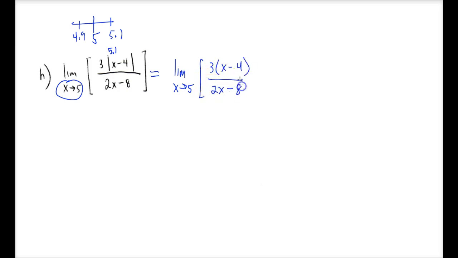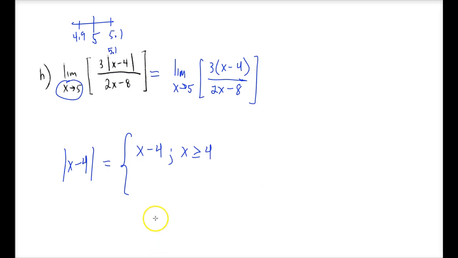And effectively, what I'm doing is just dropping the absolute value signs, because I know that absolute value of x minus 4 is going to equal x minus 4 for all values of x that are greater than or equal to 4. And since 5 is greater than 4, we could just simplify it to just this.